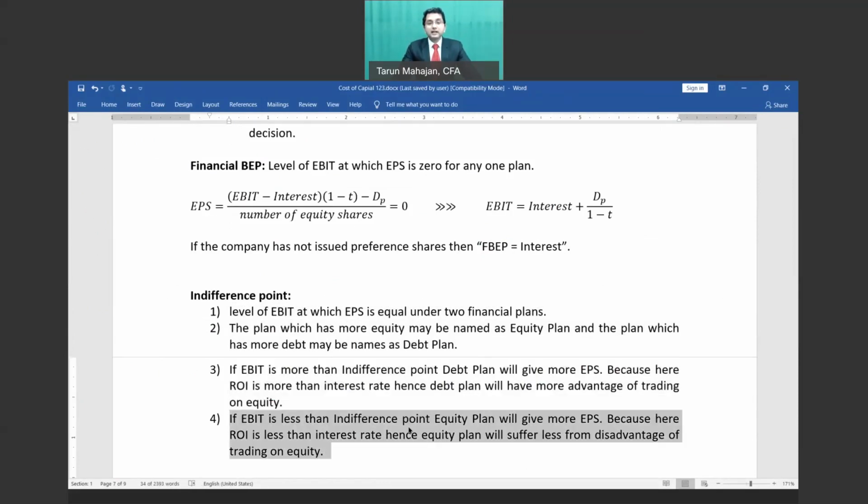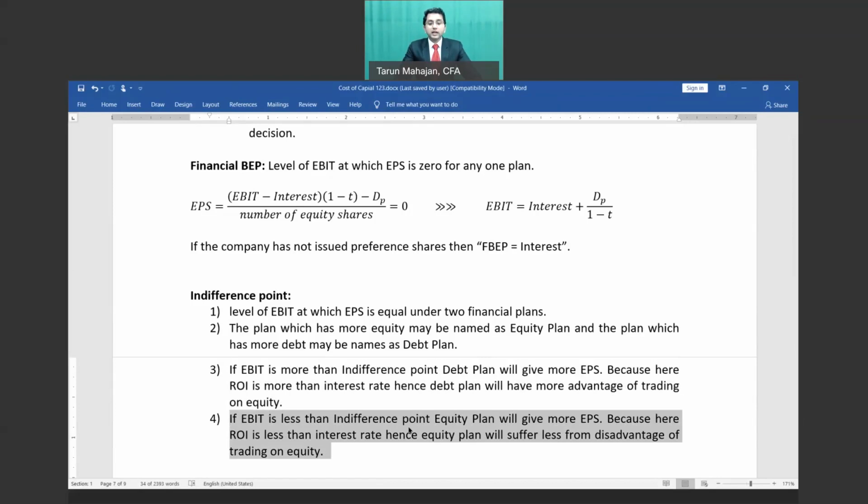If EBIT is less than the indifference point of 20,000 in that example, then your ROI is less than interest rate. And if ROI is less than interest rate, you get disadvantage of trading on equity. And that way your debt plan is disadvantageous and therefore equity plan is better.